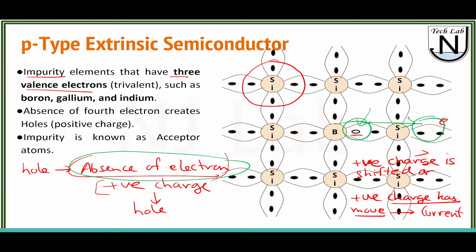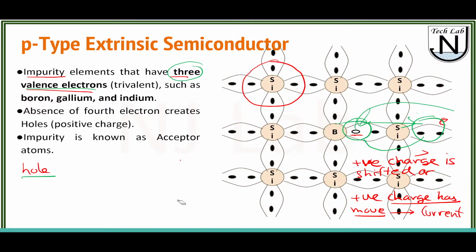But over here, since this hole is moving, when we create the extrinsic material with the help of three valence electrons, the charge carrier is the holes.